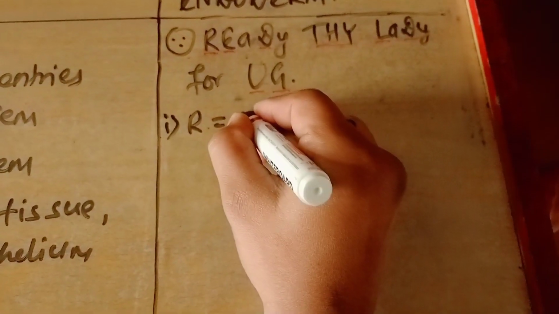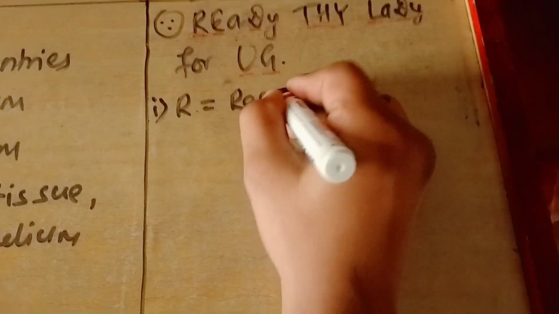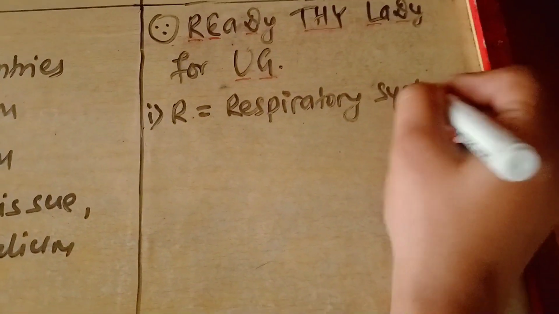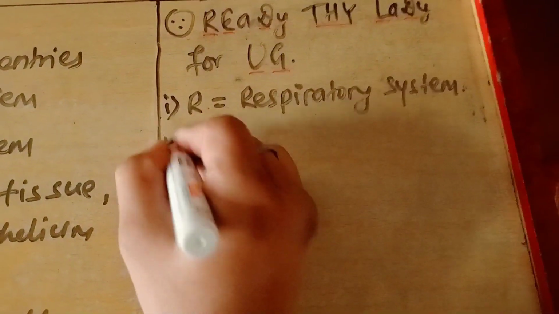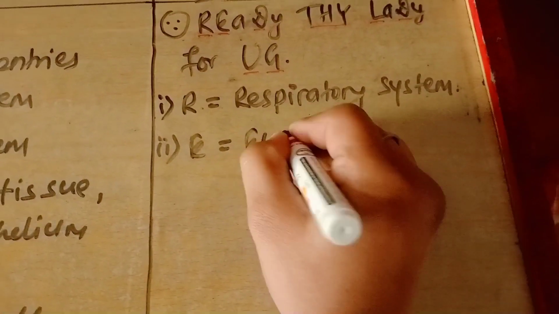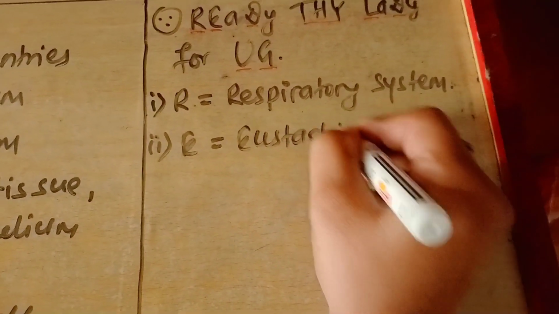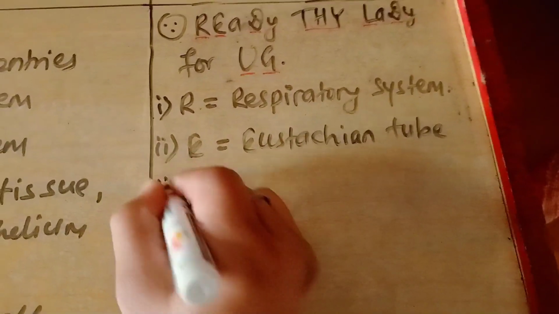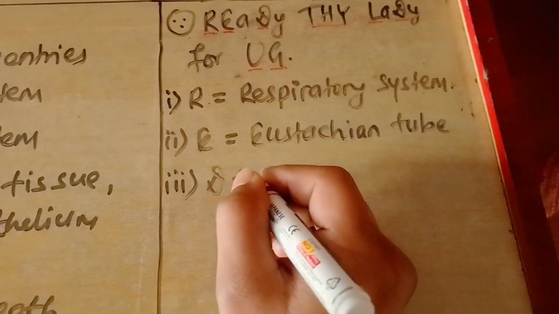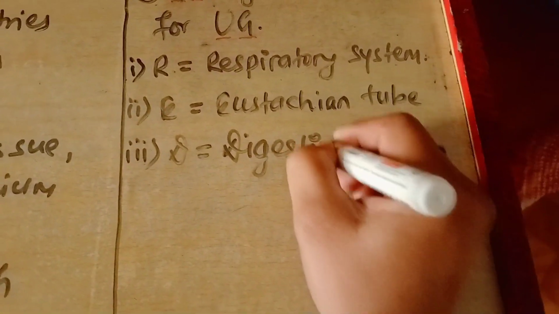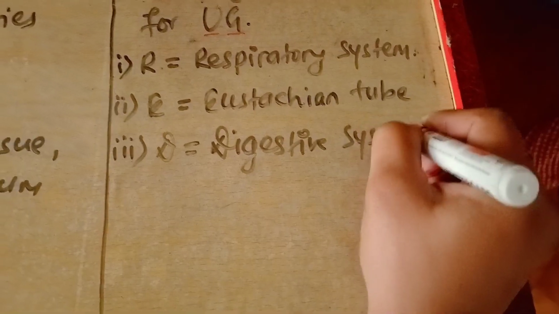R means respiratory system. In second we have E, so E means eustachian tube. And then we have D, so D means digestive system.